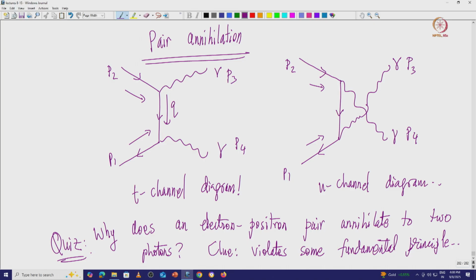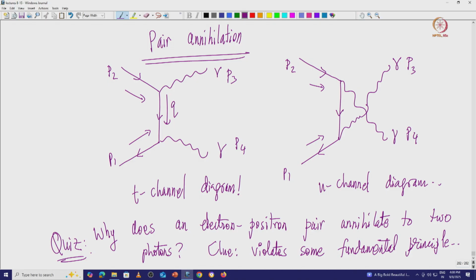This is a relativistic process, by the way. This happens only in relativistic theories. It does not happen in the non-relativistic sense. This is a completely relativistic process, and this is something you should keep in mind.